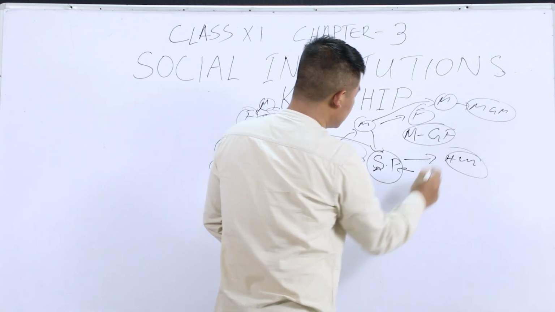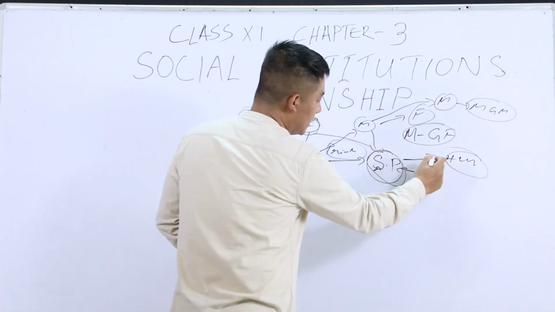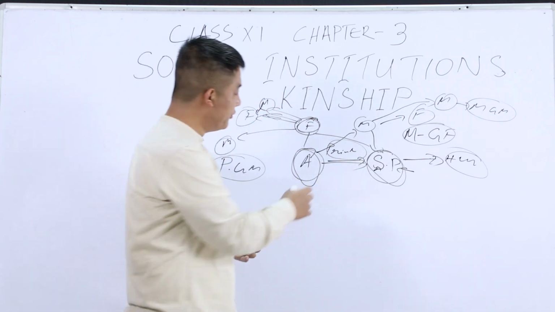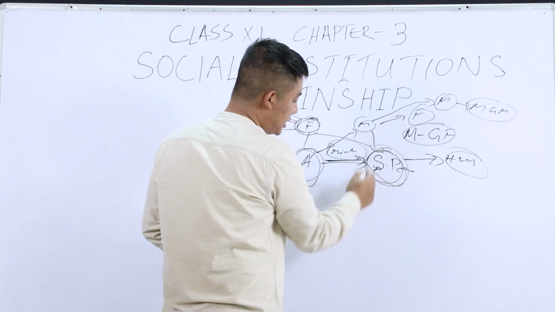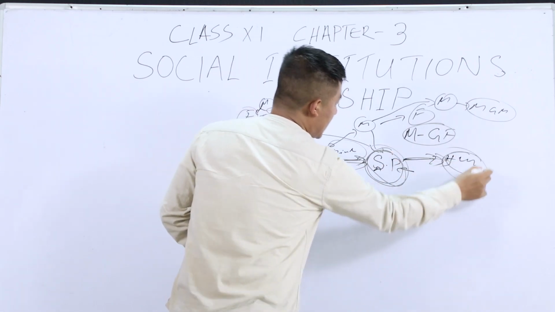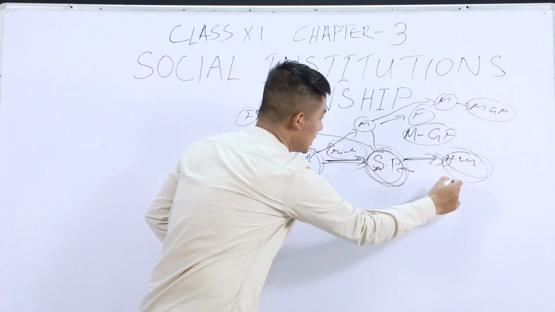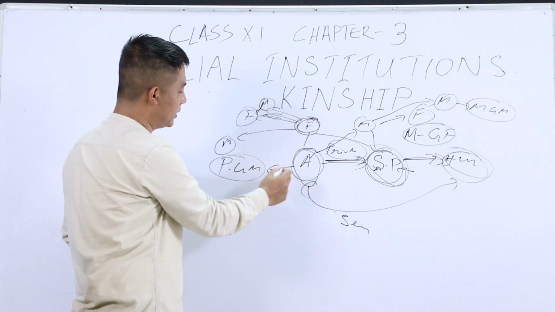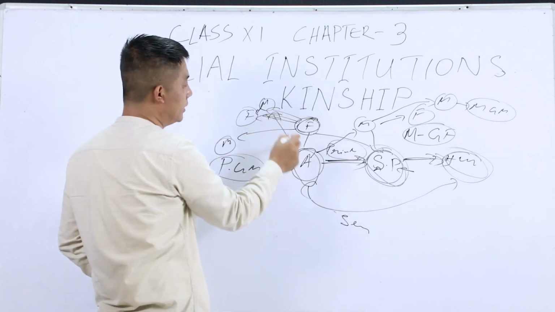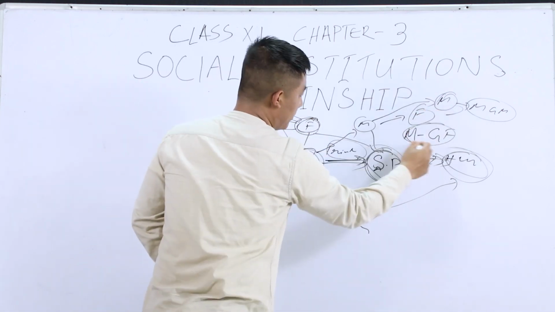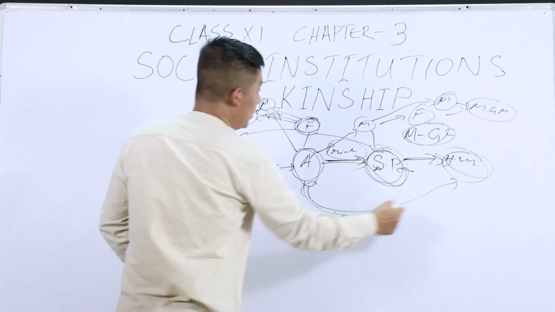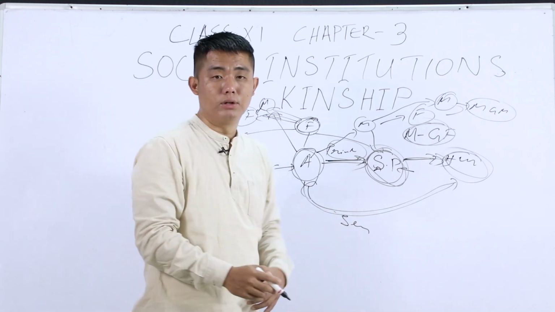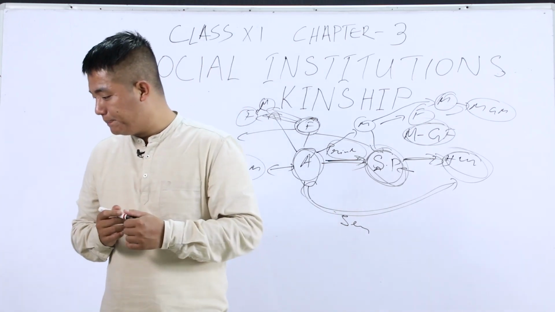So your direct relation, your first degree relation, also has a primary kin, and that is called secondary kin. The relationship between you and your grandfather, you and your grandmother, your maternal grandmother, your maternal grandfather, or even your sister's husband, all those people are called your secondary kin.